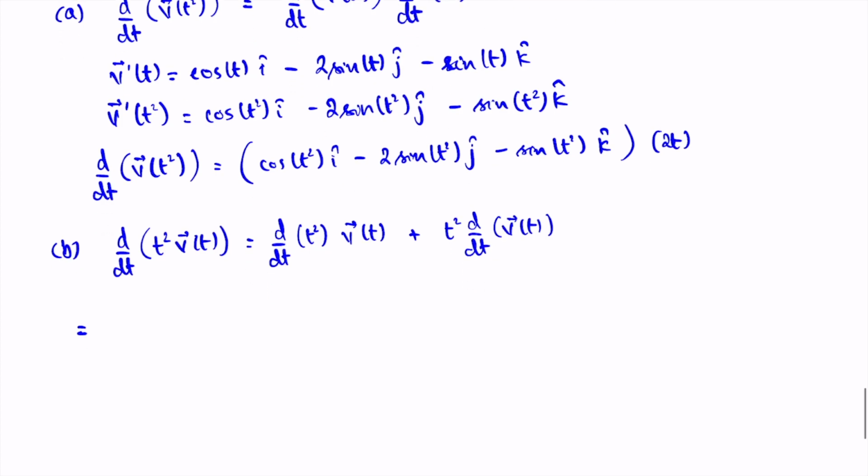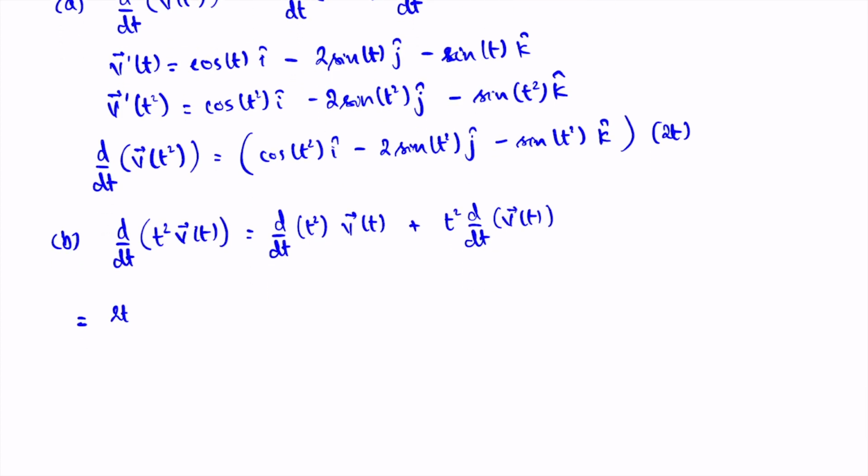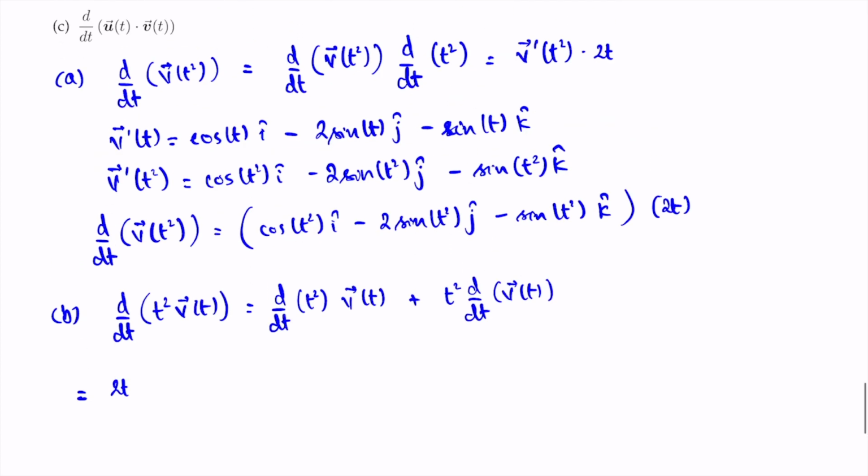So the derivative of t squared with respect to t is 2t times v of t, which is equal to sine of t i plus 2 cosine of t j plus cosine of t k, and then plus t squared times the derivative of v of t.